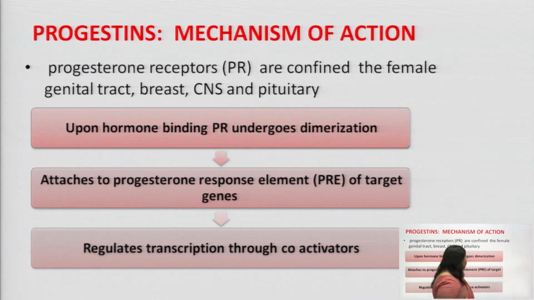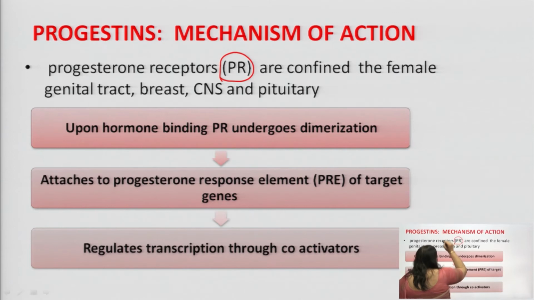Again, as we talked about earlier with the androgen receptor and the estrogen receptor, progestins also act on receptors called the progesterone receptors, and they are confined to the genital tract, the breast, the CNS, and also the pituitary.